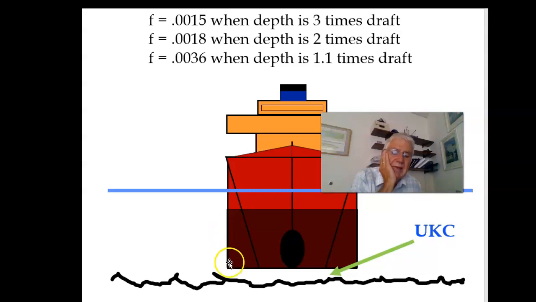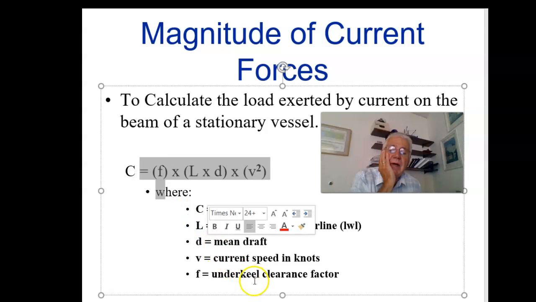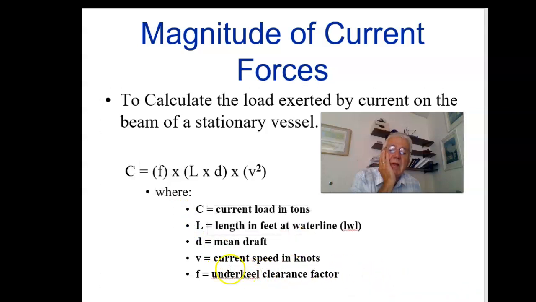It can't squeeze under the vessel as easily as it could in deeper water. And that's why we're going to use different factors when you think about the under keel clearance, whatever it is.